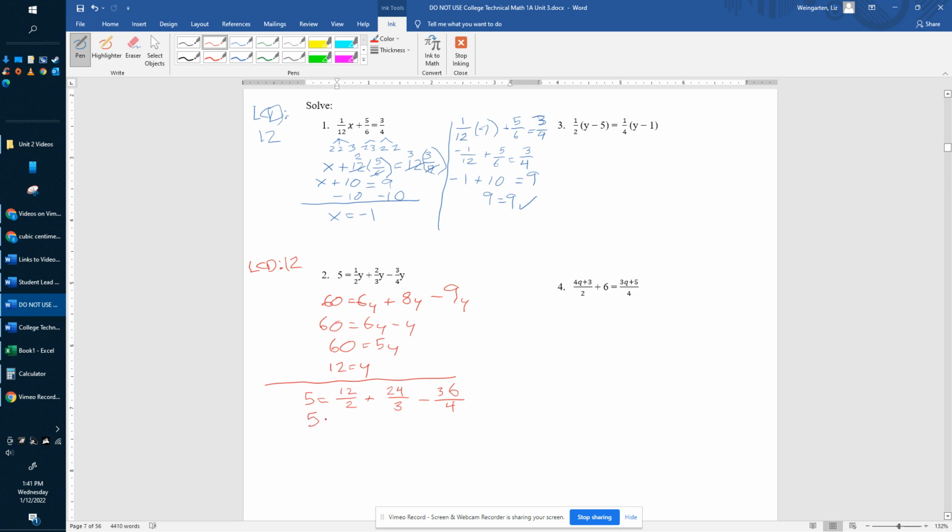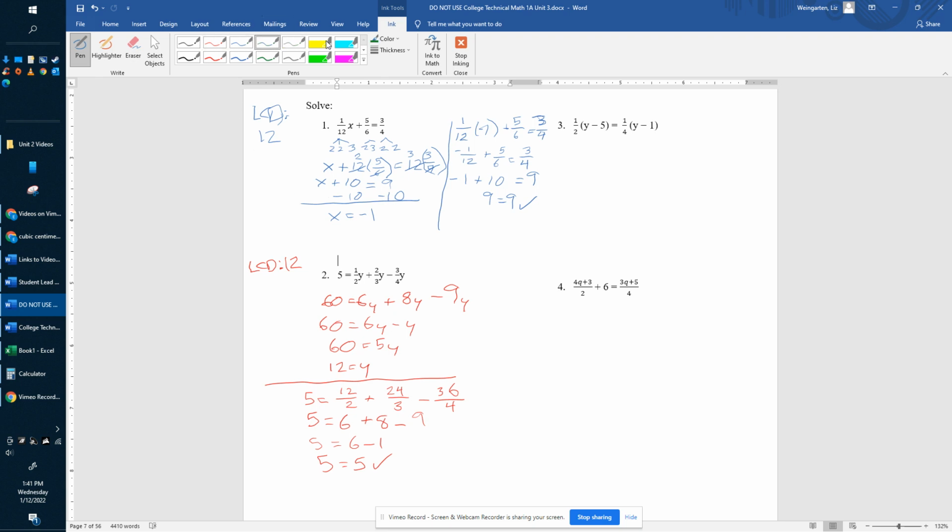That's kind of nice. 5 equals 6 plus 24 thirds is 8 minus 36 fourths is 9. 5 equals 6, 8 minus 9 is negative 1, so that'll be minus 1, and we get 5 equals 5. Looks good.